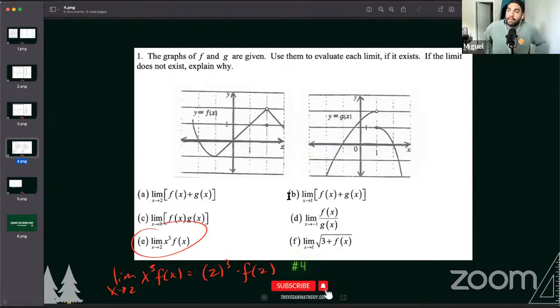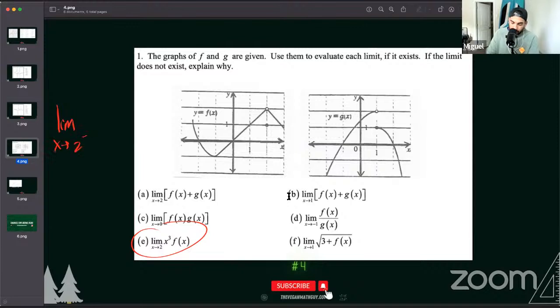But the one thing that I will be very careful with is to keep in mind that this is the limit. So we're trying to see what it approaches. So what we're going to do is check the limit as x approaches 2 from the left side of x cubed f of x, and then what happens to the limit as x approaches 2 from the right side of x cubed f of x.